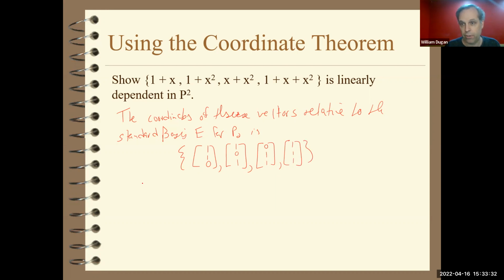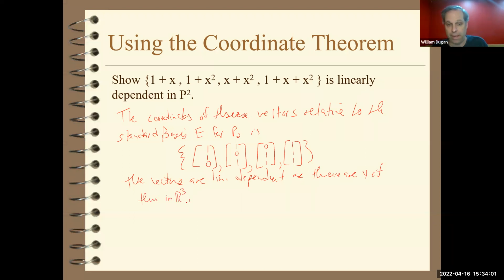But these vectors are linearly dependent, as there are 4 of them in R3, which is only dimension 3. So they're dependent.